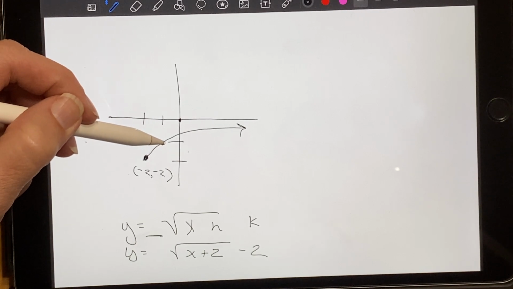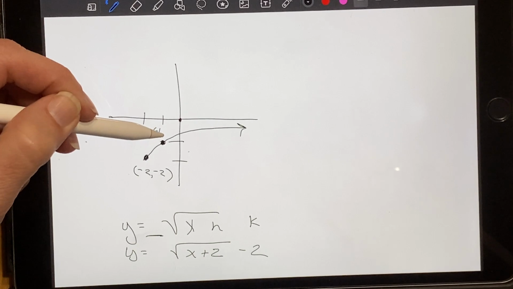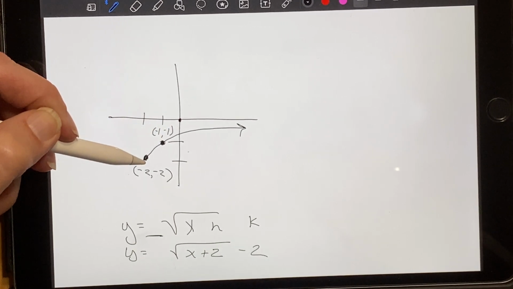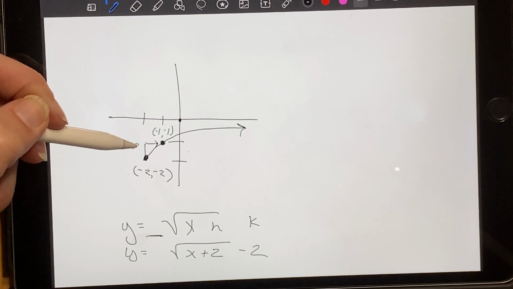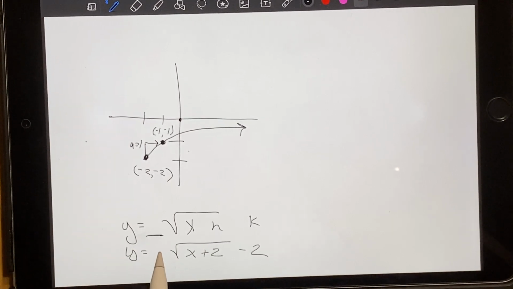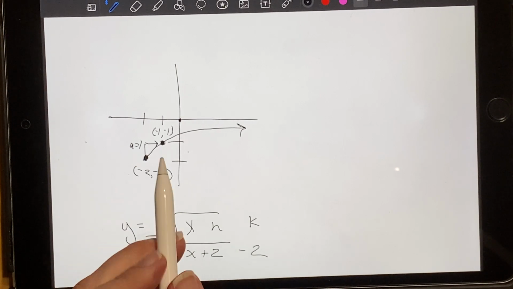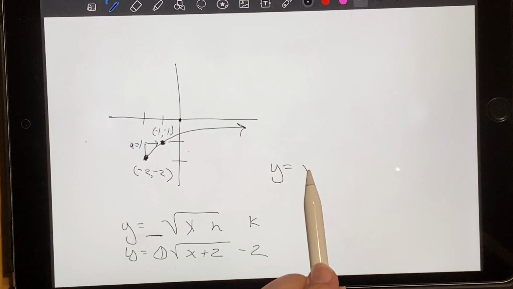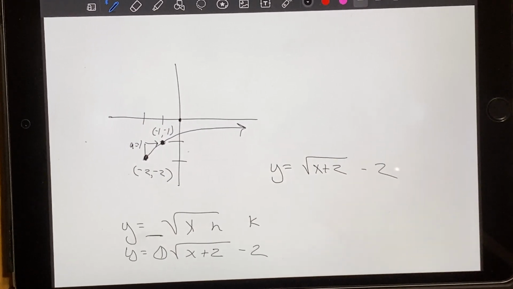If I'm given this other point, and I can look at my graph and say that point is (-1, -1), the slope between my vertex and this next point is up 1 over 1. So my a value is 1. We don't really even need to write the a value. So just by looking at the graph, I'm able to decide that y is equal to the square root of x plus 2, minus 2.